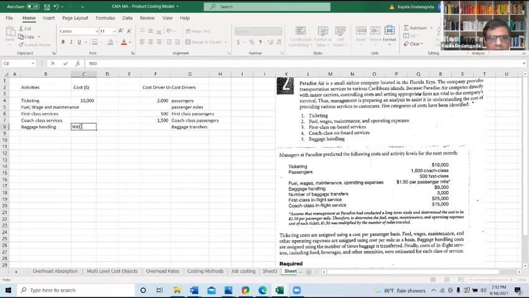And the number of baggage transfers is 3,000. The first class in-flight services cost is 25,000.